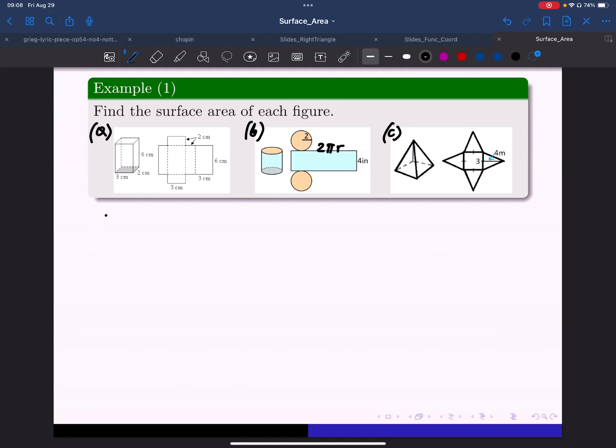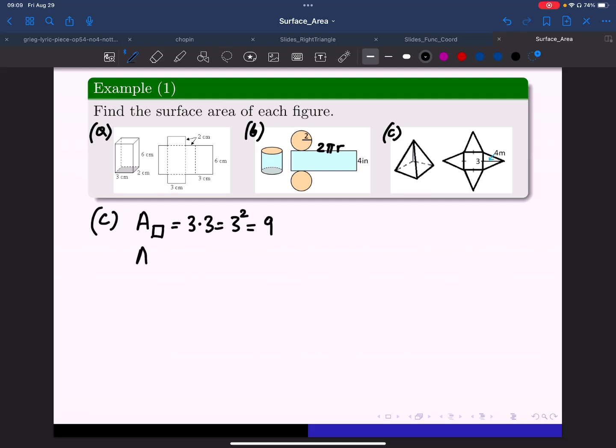Part C, to find the surface area, we need to calculate the area of the bottom, which is a square, and we have the side 3, so this side would be 3, 3, and 3. And then we have all 4 exactly the same triangles. How do we calculate the area of the triangle? Area of a triangle would be 1/2 base times the height. So we can calculate the area first of the square, which would be 3 times 3 or 3 squared, which is 9.